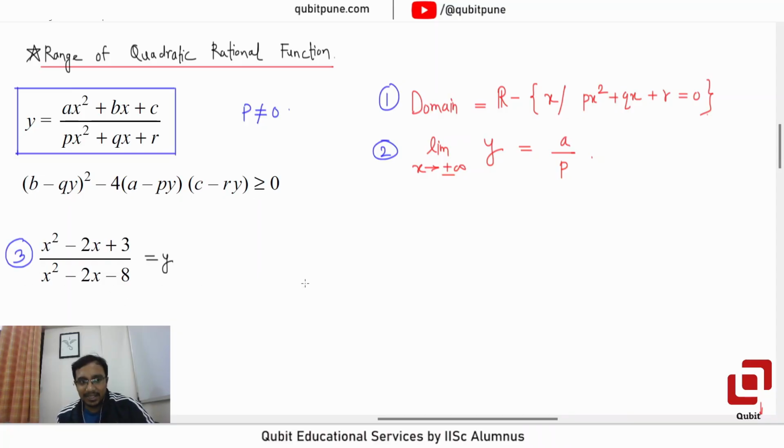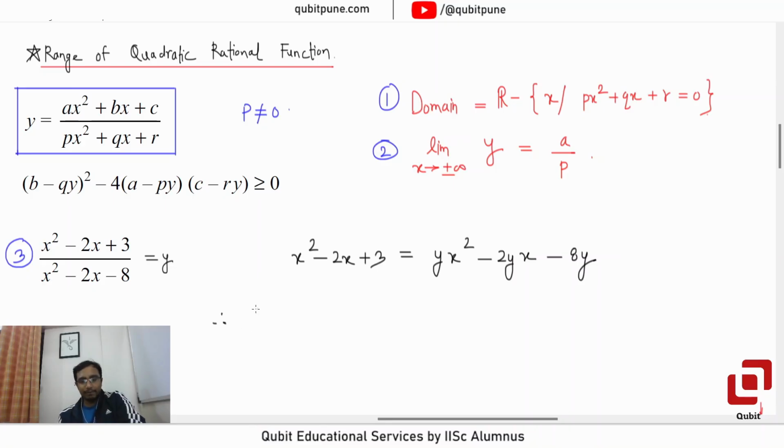Now let us rearrange it like this: yx squared minus 2yx minus 8y. So what did I do? I took this term to the RHS, so it became yx squared minus 2yx minus 8y. Now bring everything to the LHS.